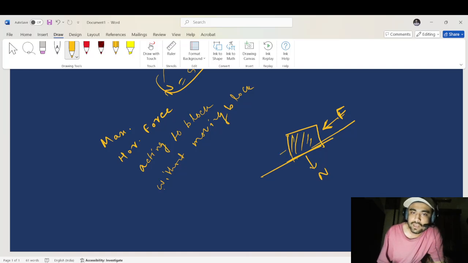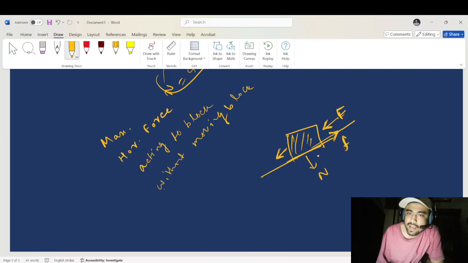Then it will tend to move in the direction of the applied force, and friction will be acting exactly opposite to this direction. Let's denote this with small f, acting exactly opposite to the applied force capital F along the contact of both the surfaces, right?